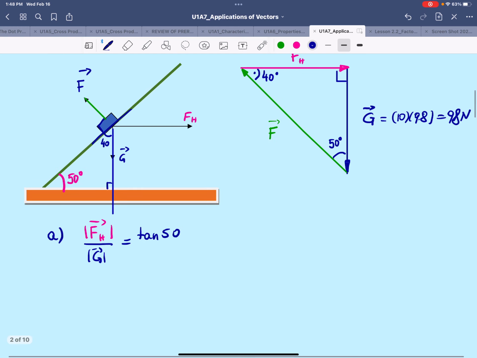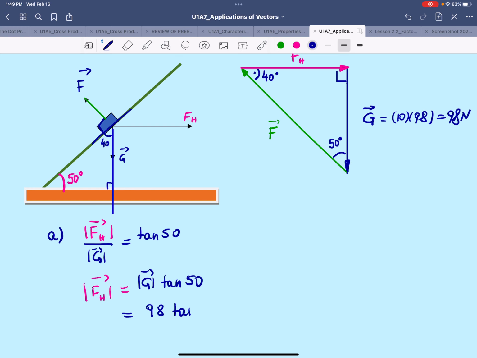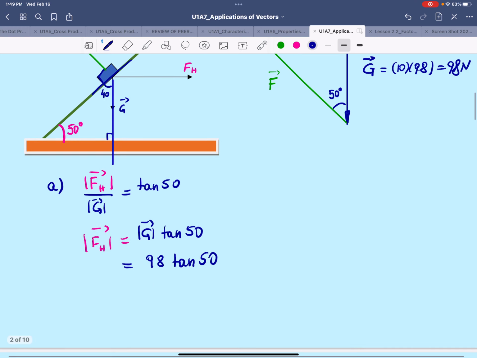That will make the horizontal force Fh in magnitude equal to gravity times sine of 50. With gravity of 98 newtons times sine 50, we'll obtain the magnitude of horizontal force equal to 98 times sine 50, equal to 116.8. So 116.8 newtons for the magnitude of Fh.